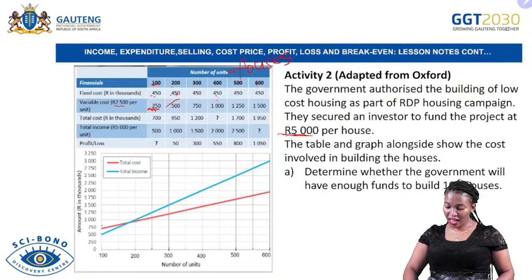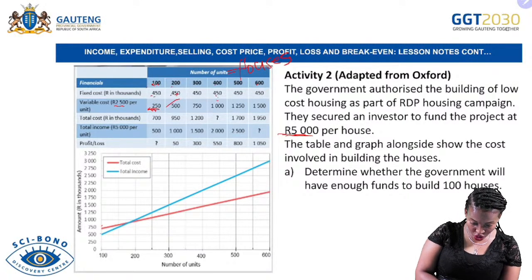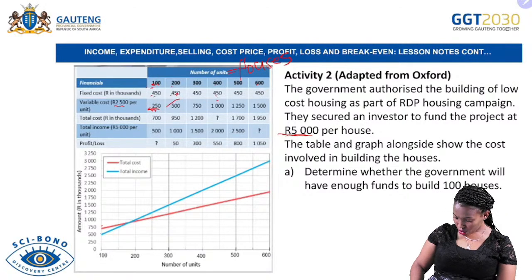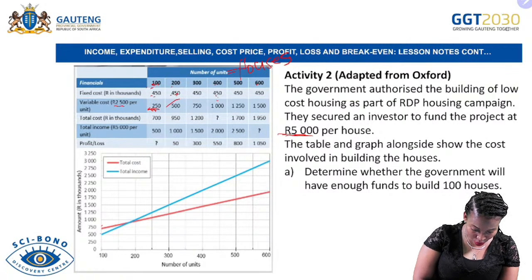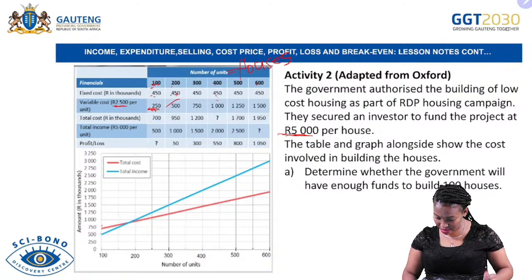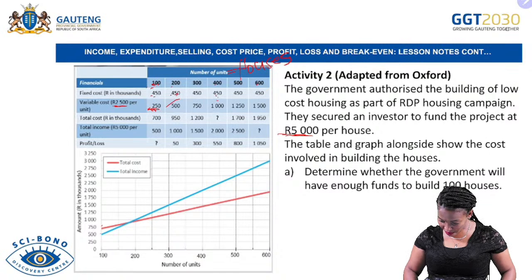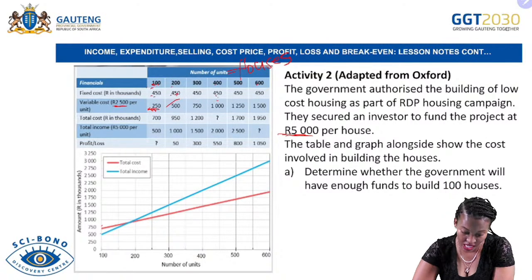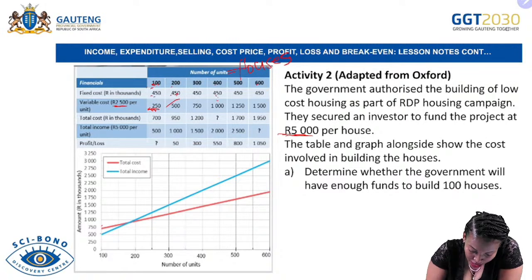I'm going to take the calculator, and then we are going to check here for 100 units. So we are going to say 100 multiply by the variable cost, which is 2,500 per unit. So I'm going to say 100 multiply by 2,500, and then the answer is 250,000. That explains this 250.